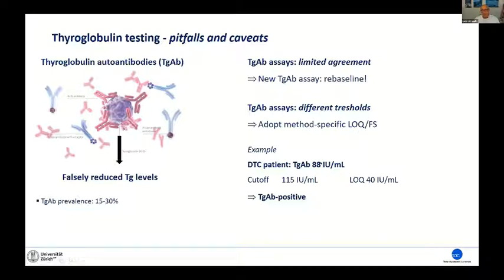And there were different papers showing that adopting these lower thresholds increases our ability to detect potential interferences. So use the same method and adopt the cutoff for the clinical purpose, that in such case is to detect any presence of thyroglobulin antibodies.